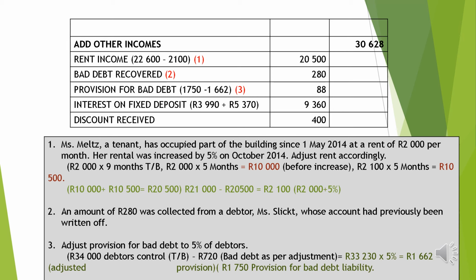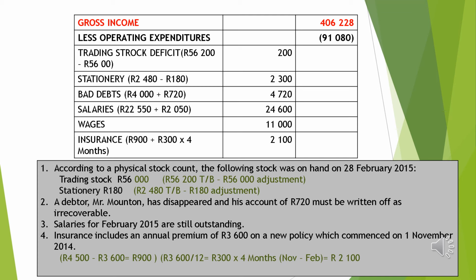Now let us continue. So you are having a gross income that is a total of your gross profit plus your total for other incomes, where you will get 406,228. Then less operating expenditures or operating expenses.